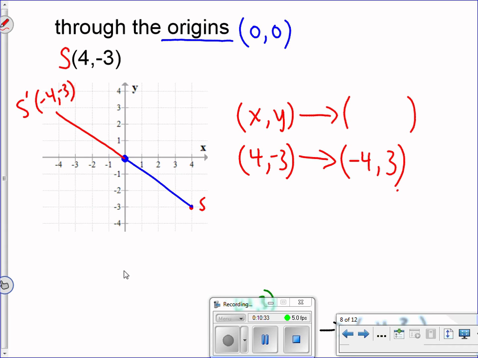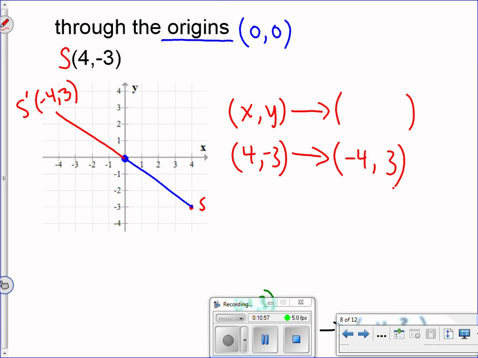Okay, so what I want you to do is see if you can come up with the rule that makes sense for when you map through the origin. So I'm sitting here at 4, -3, and it maps to -4, 3.